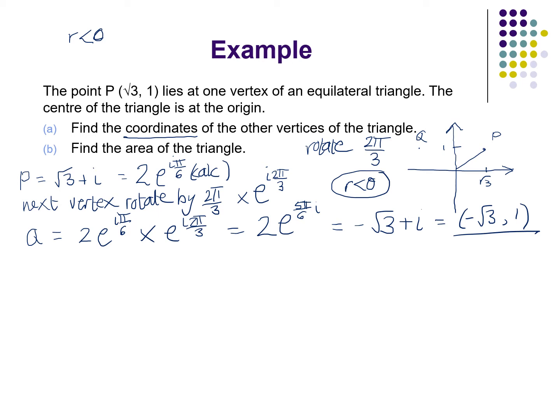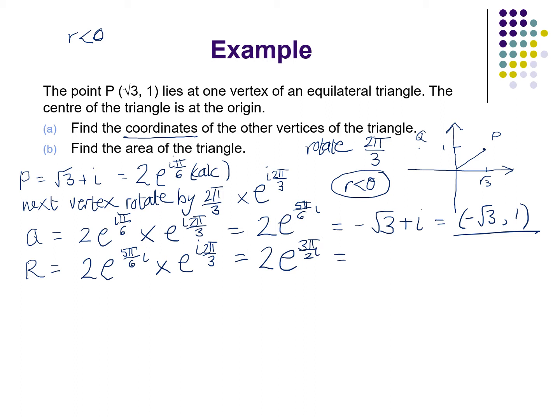Okay, let's look at my other corner. R is going to be taking Q, so 2e to the 5 pi by 6 i, times by another one of the rotation numbers. Show your working with this, and that gives me 2e to the 3 pi by 2 i.